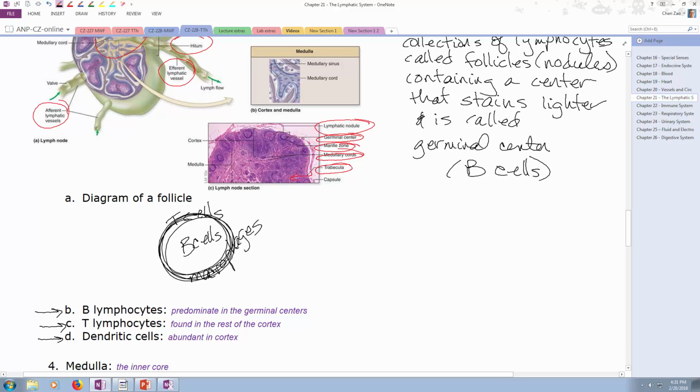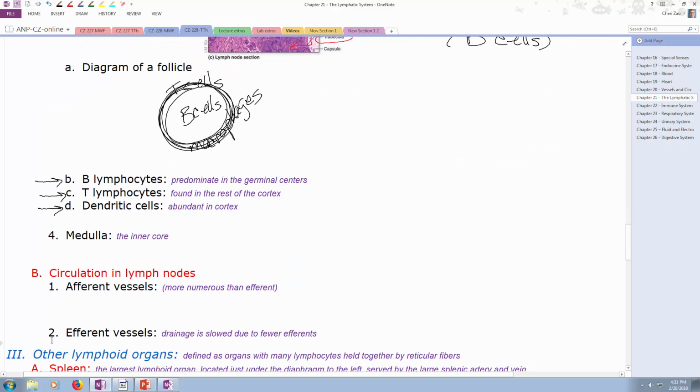And then there's these interesting new cells. We've actually heard about them before when we talked about the skin dendritic cells. That's way back to last semester, a little bit of skin topic. And these guys are very abundant in the cortex, and they are special macrophages. And they will interact with the immune system.